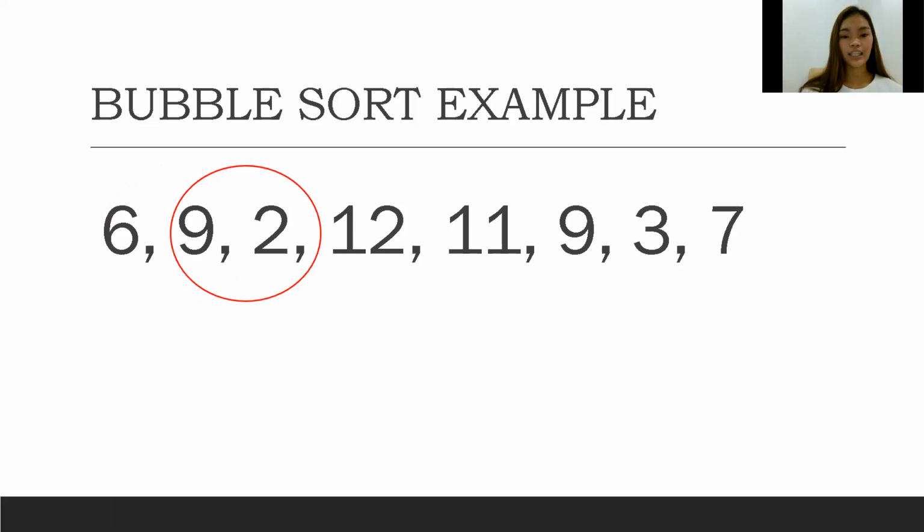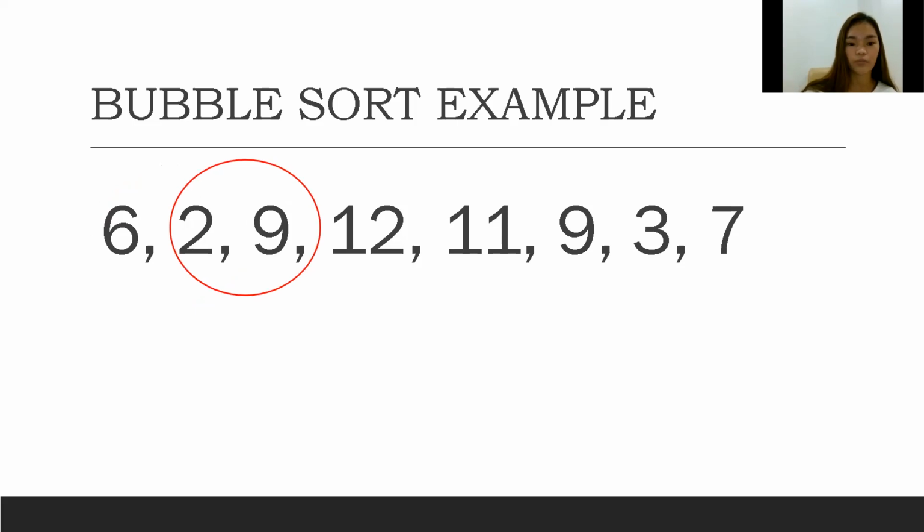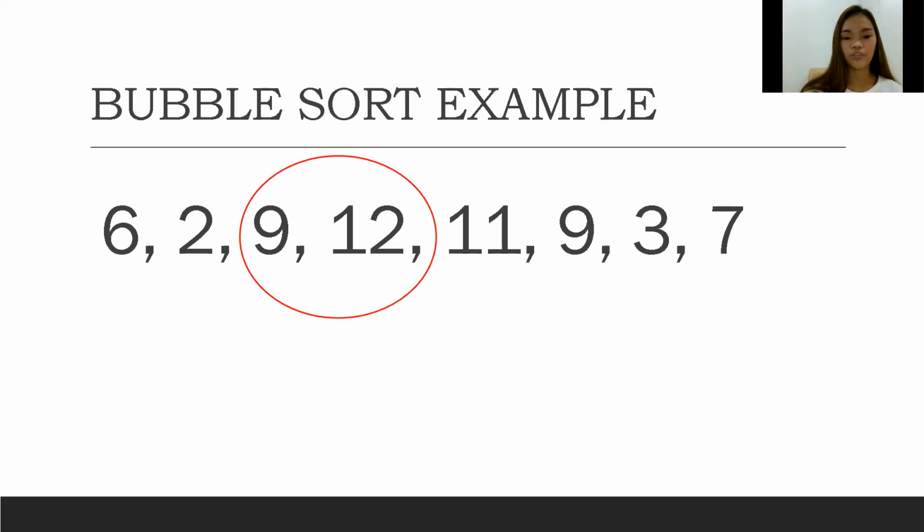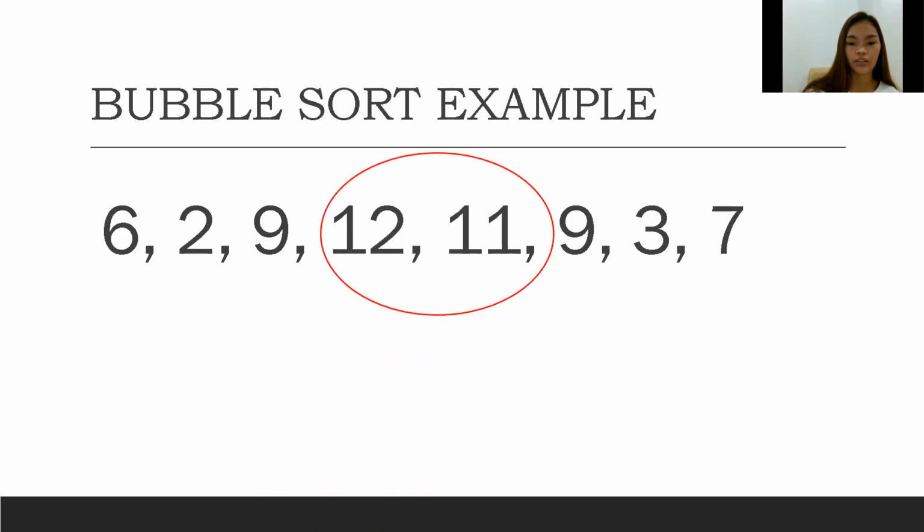Next, 9 and 2. Since 9 is still higher than 2, we swap them. Next, 9 and 12. Since 9 is not higher than 12, there is no need for swapping.